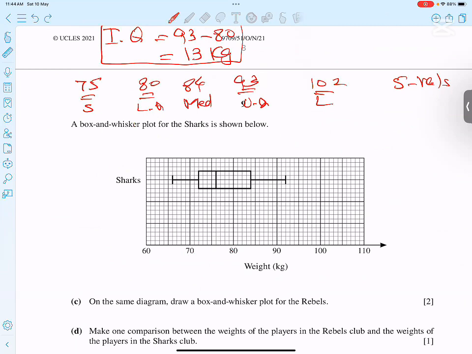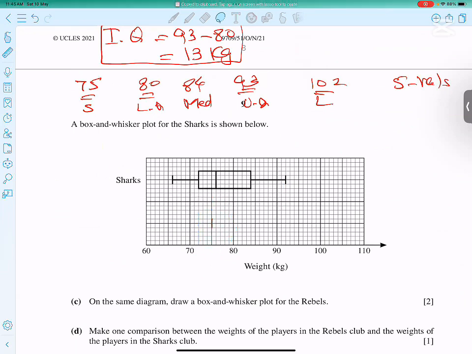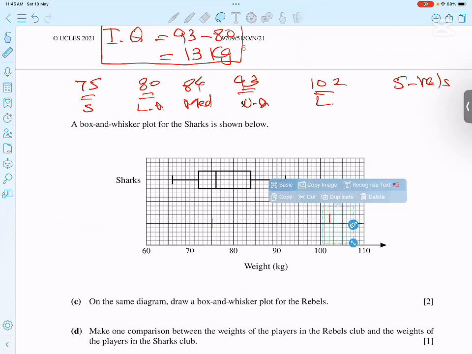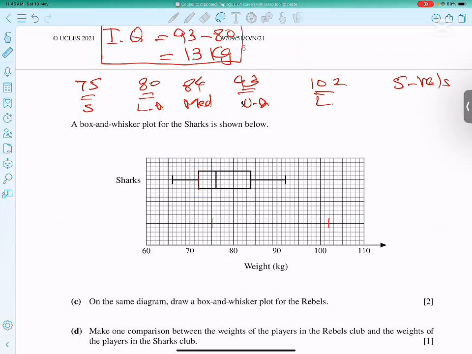I mark it here the same way as the Sharks diagram. The highest value is 102, placed here. Then I take the same measurement and copy it for 80.